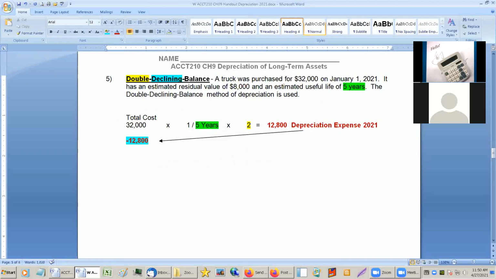So we go to the next year, and we do the same thing, but we're going to take 32,000 minus the 12,800, which is $19,200. And we're going to do the rest of this the same. So 19,200 times 1 divided by 5, or you can just divide this by 5 if you want. And times 2.